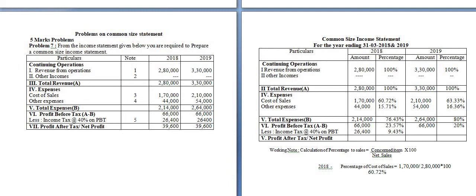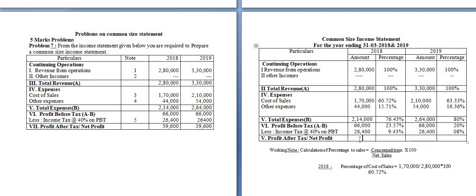So 26,400, and here the percentage: 26,400 divided by 3,30,000 into 100 is equal to 8%. Okay.